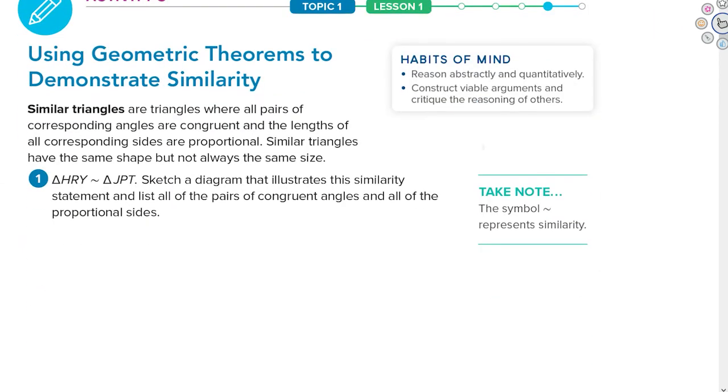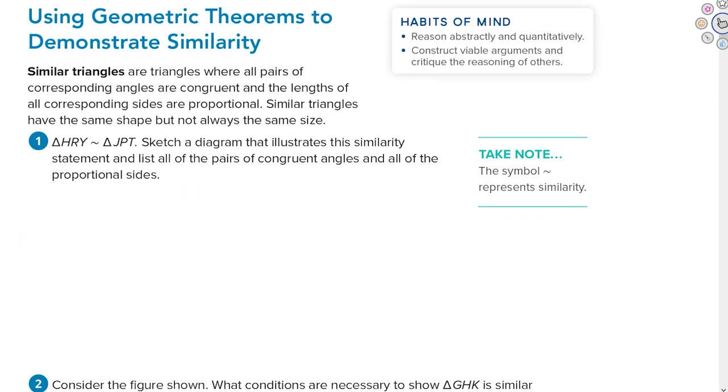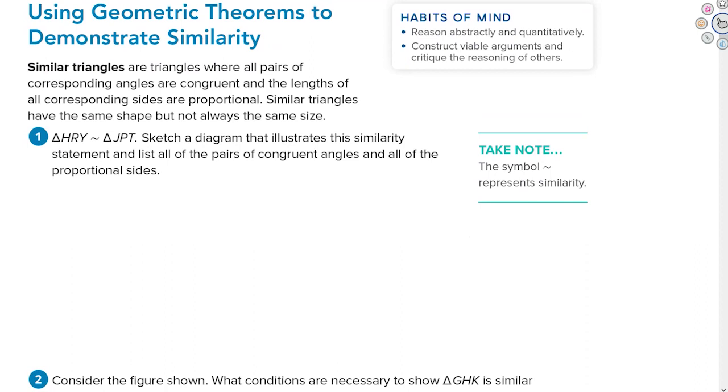Okay, so two more things to teach you. Similar triangles are triangles where all pairs of corresponding angles are congruent and the lengths of all corresponding sides are proportional. Similar triangles have the same shape, but not always the same size.